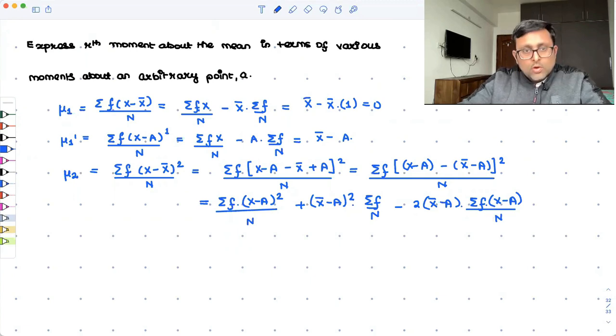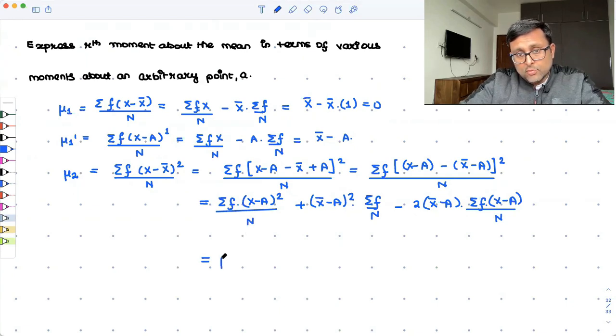Okay, so how do we write this? Now mu1 dash is what? x bar minus a, right? That is what mu1 dash is. This is summation of f into x minus a whole square upon n.